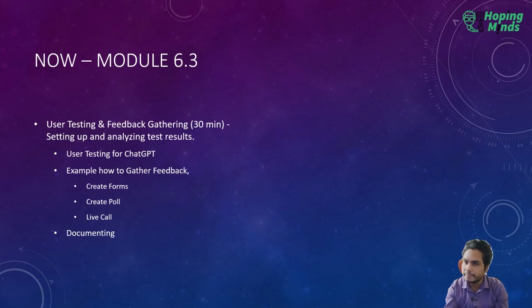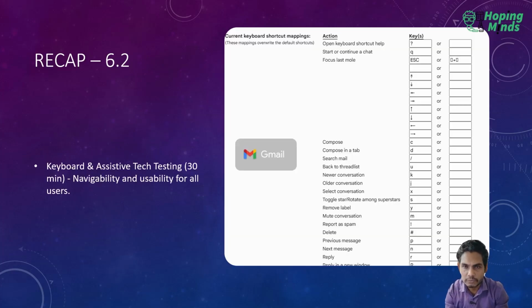So before we deep dive into it, let's go ahead and see what we learned so far in 6.2, which is the second chapter of module 6. So we learned about keyboard and assistive tech testing, navigation, and usability for all the users. So keyboard shortcuts.